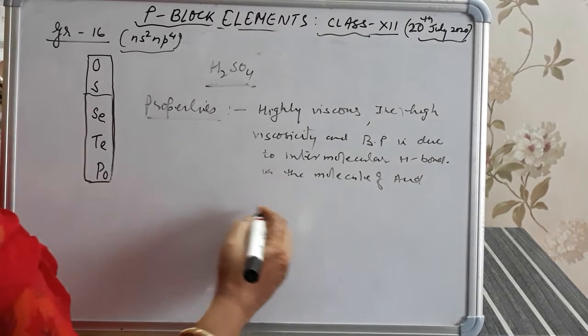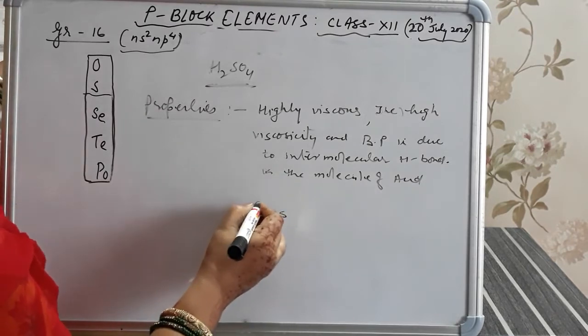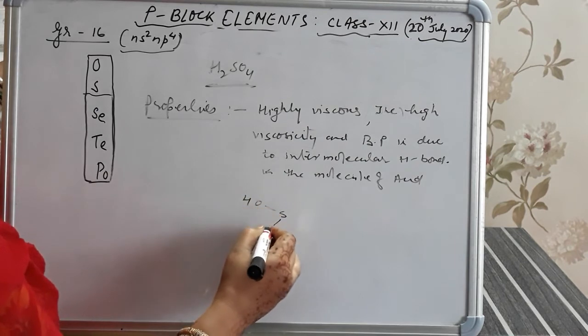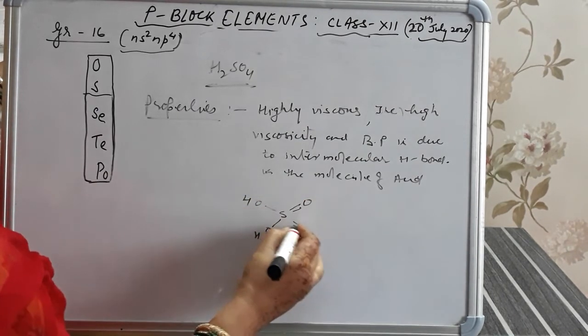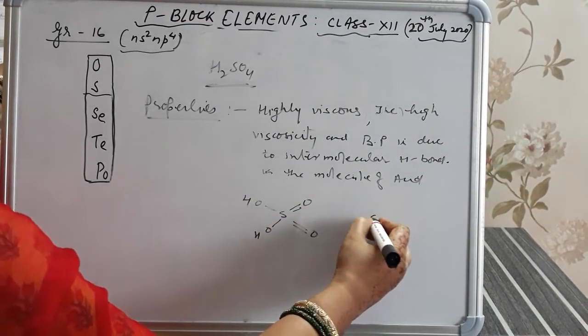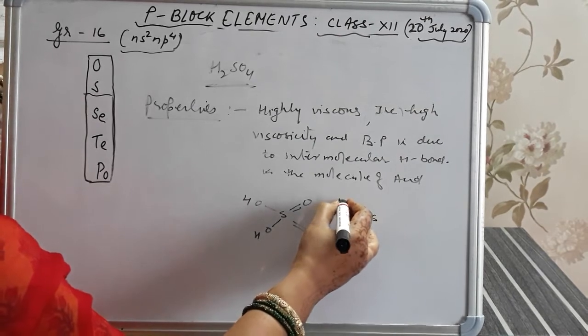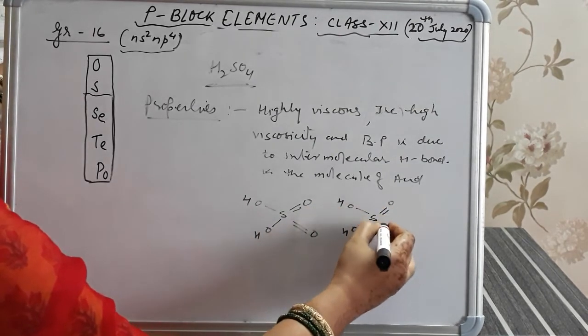So see here how the formation of the intermolecular hydrogen bond takes place. This is the OH and the double bond O. One molecule is here, and again we draw one molecule of sulfuric acid like this.